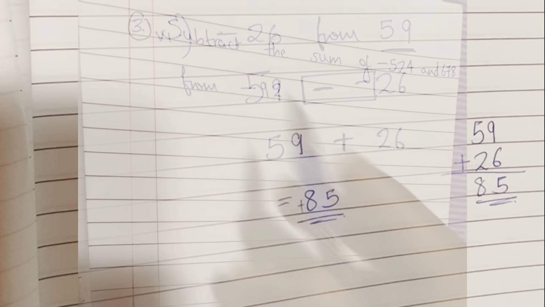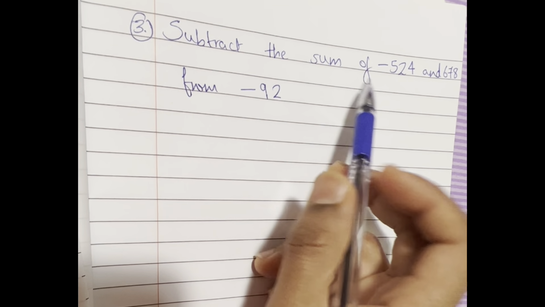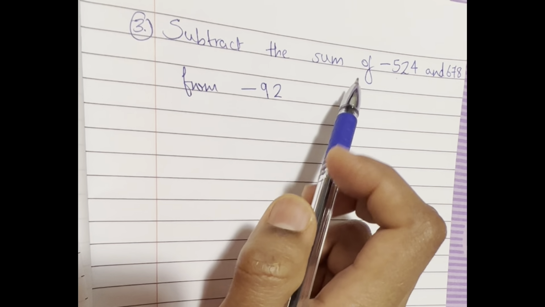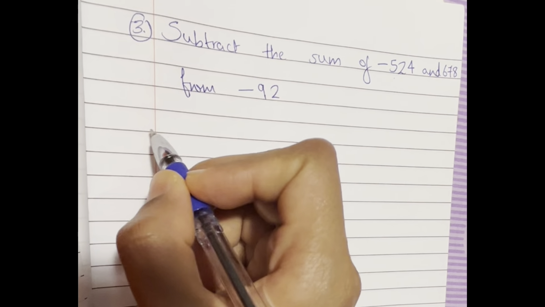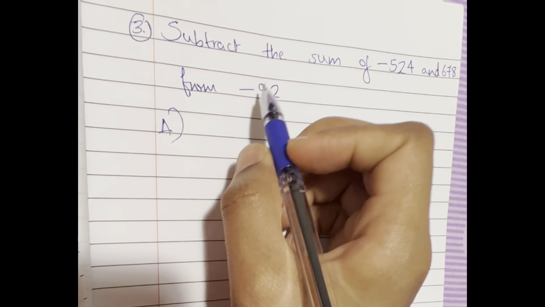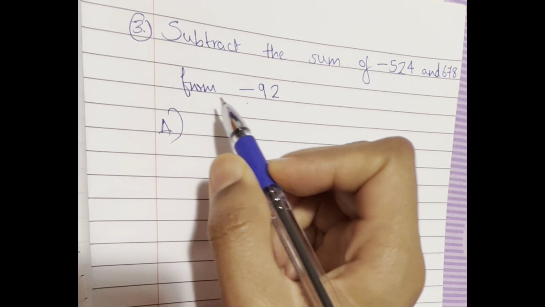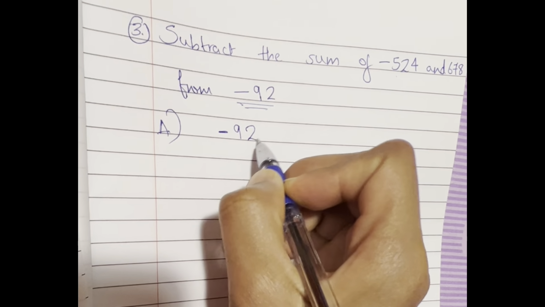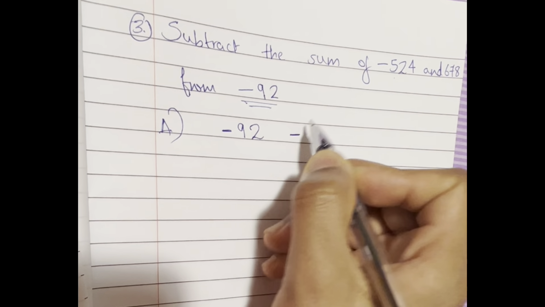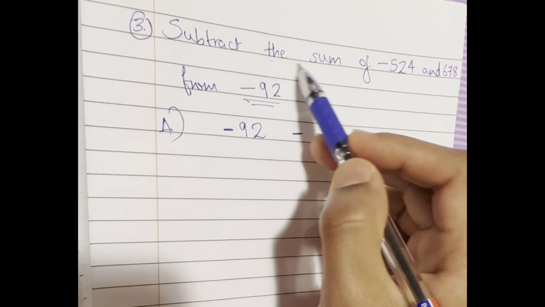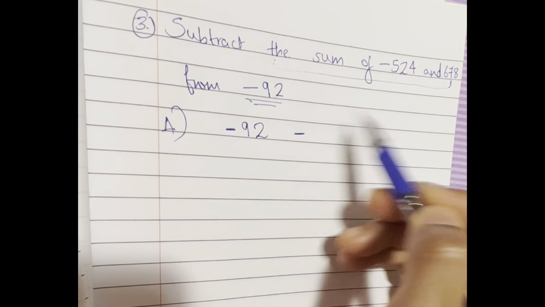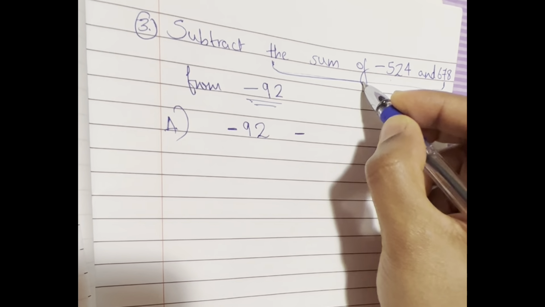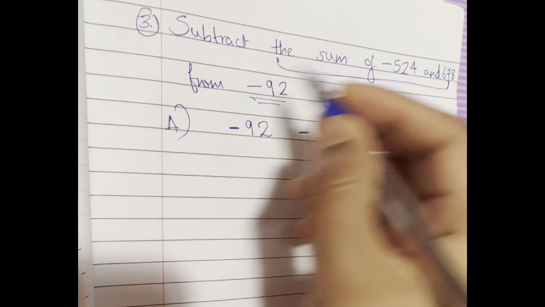Now: subtract the sum of minus 524 and 678 from minus 92. How did we do subtraction earlier? The last part we write first. From minus 92, so this we write first, then instead of "from" we put the minus sign, then what comes first we write second.